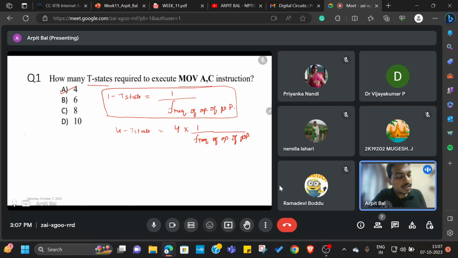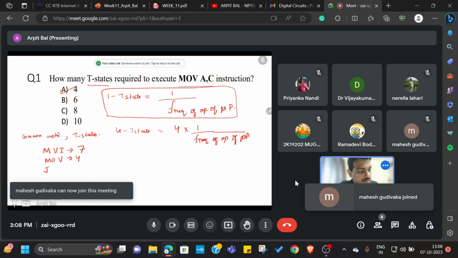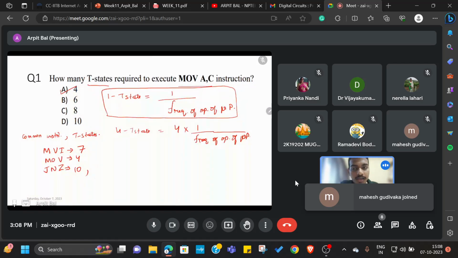Now let me mention some common instructions and their respective T states. MVI instruction will take 7 T states. MOV instruction will take 4. JNZ instruction will take 10 T states during execution.